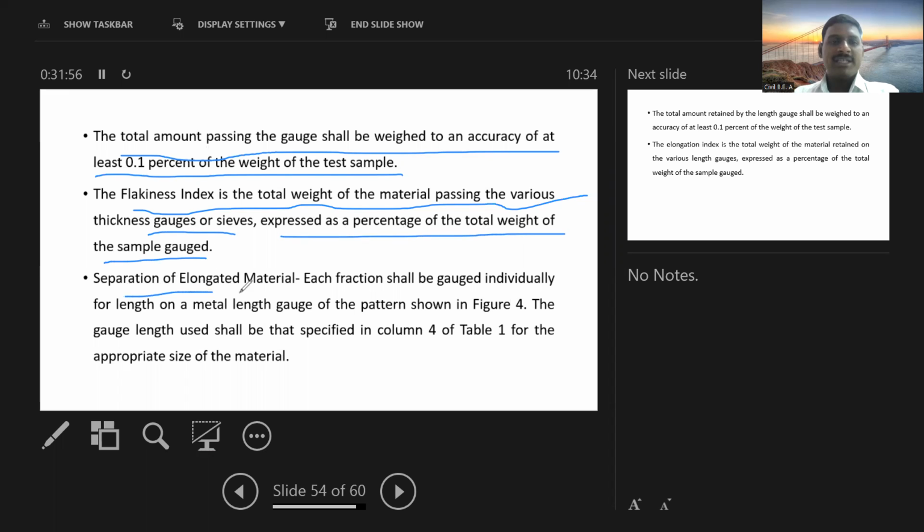And for the separation of elongated material, each of the fractions shall be gauged individually for length on the metal gauge of the pattern shown in figure number 4, and we have seen that figure also. And the gauge length shall be as specified in column 4 of table number 1 for the appropriate size of material.